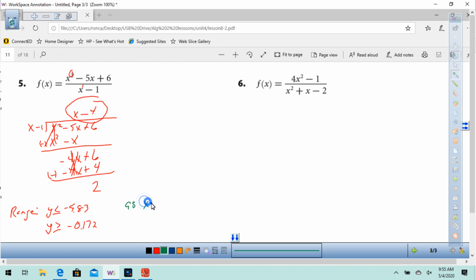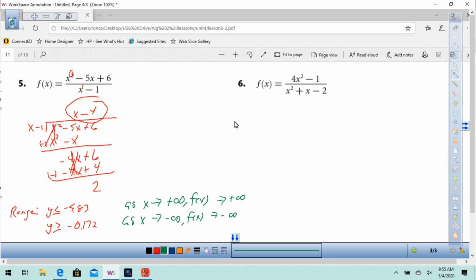As x approaches positive infinity, f of x approaches positive infinity. As x approaches negative infinity, f of x approaches negative infinity. Cool.